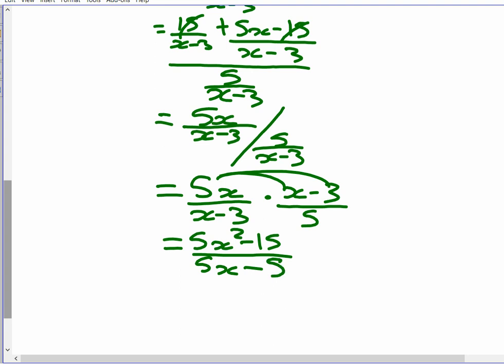Yeah, good. And then this cancels out. Or you could maybe factorize the top and bottom first. So then 5x squared subtract 3, and this becomes 5x subtract 3.